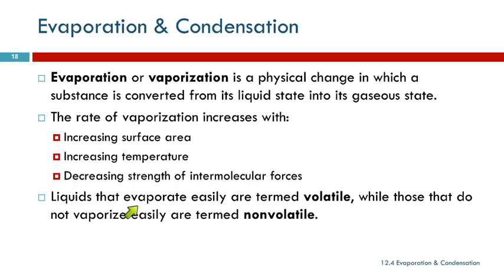So if we have a liquid that evaporates easily, it's called a volatile liquid. Things that don't vaporize easily are called non-volatile. So when you're painting, one of the things that they list on the paint is VOC, volatile organic compounds. And so volatile means those are the ones that are going to evaporate into the air. That's what's going to make the smell, and you'll be breathing that in when you're painting.